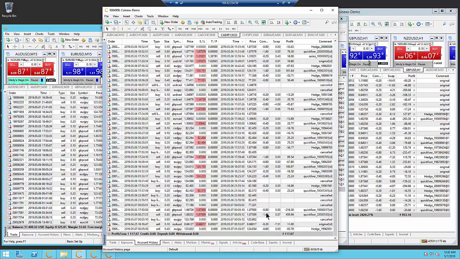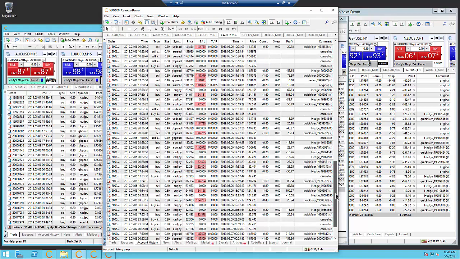In the last 24 hours, this account has booked $1,117.67. Now, why did it book that much money in one day? Well, it did it because there were so many hedges and quick fixers that have gone in and out today.